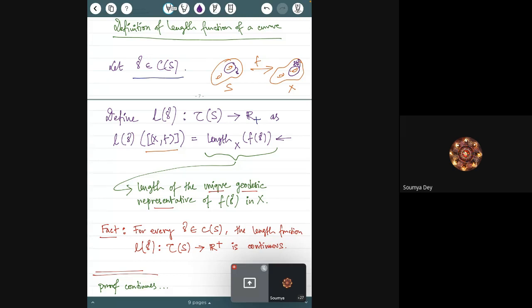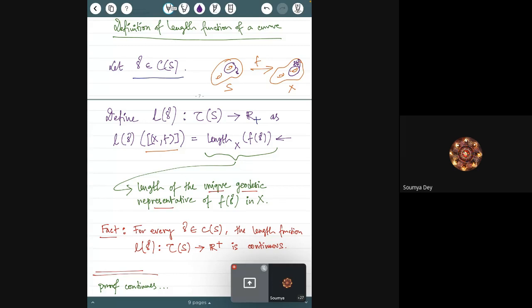Let me repeat. You start with some gamma, which is a simple closed curve on your topological surface S. Associated to that curve gamma, we want to define a function from Teichmuller space to the set of all positive real numbers. You start with some marked hyperbolic structure, namely some element from your Teichmuller space. So you have x comma f, and you consider the image of gamma via the marking.